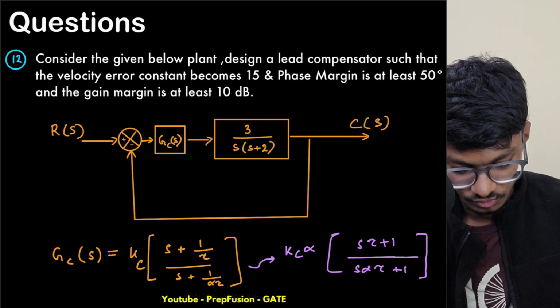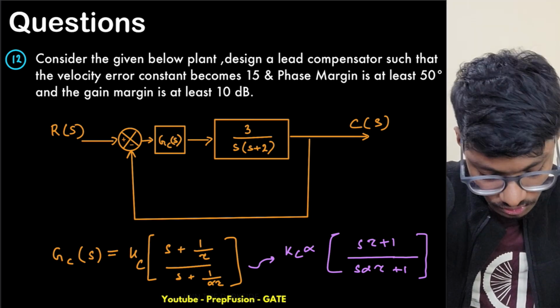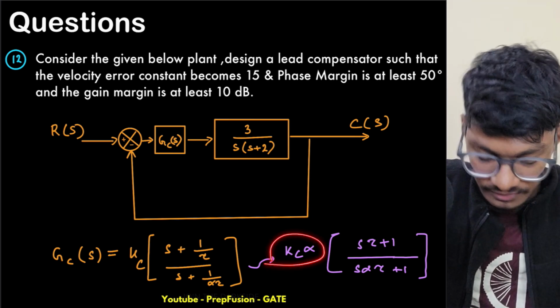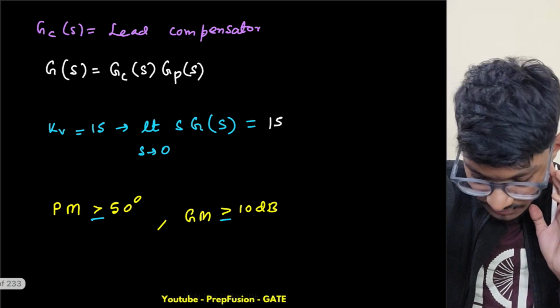So my Kc alpha is 10, so this value is 10. So this value I got.